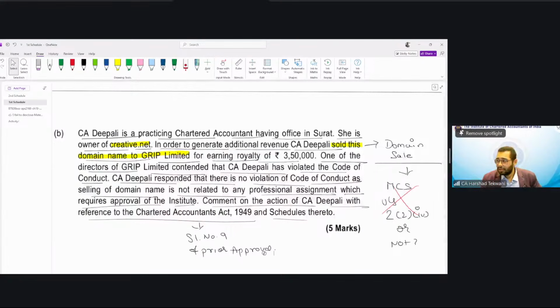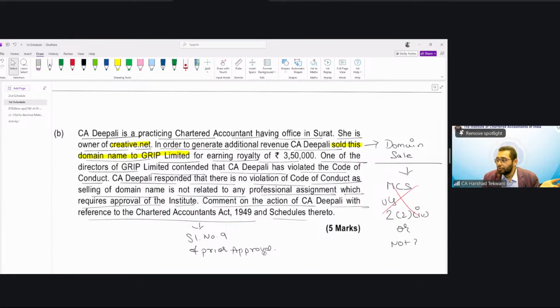As a result, CA Dipali was supposed to take prior approval in this particular scenario. Okay. This is other business or occupation. This is not something which you can say is a part of the profession, like part of the practice. No, it's in other business and profession.